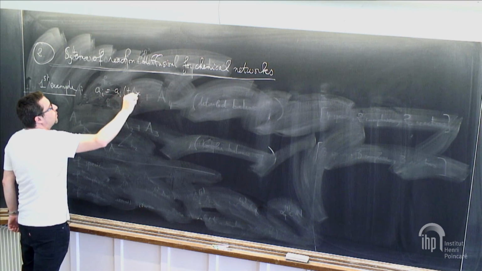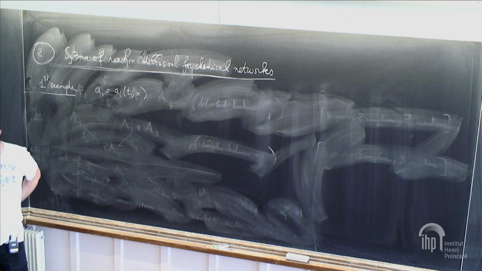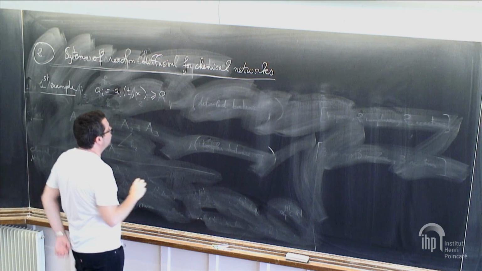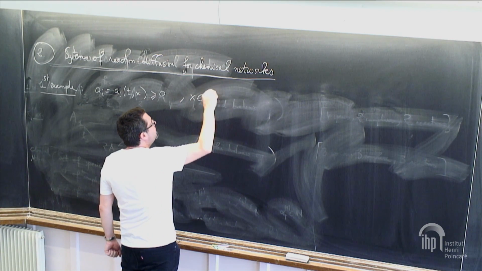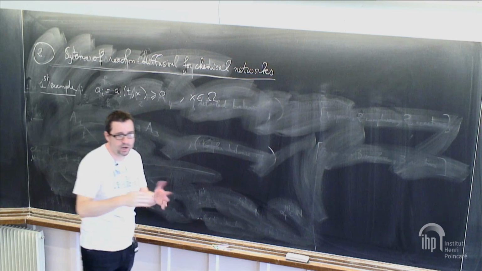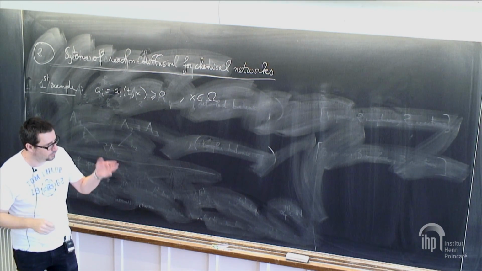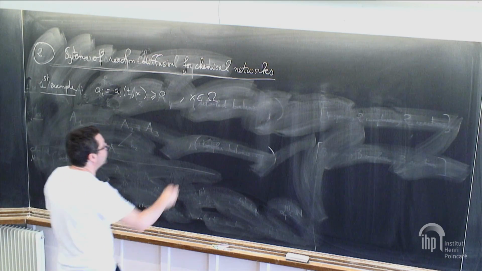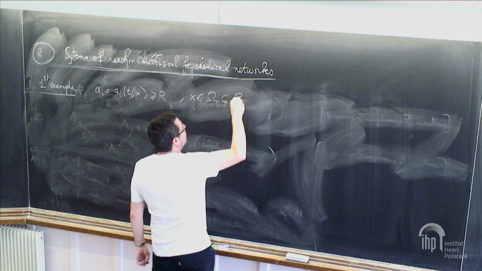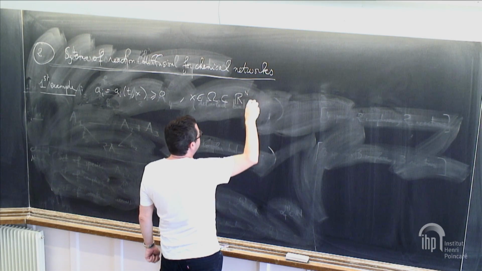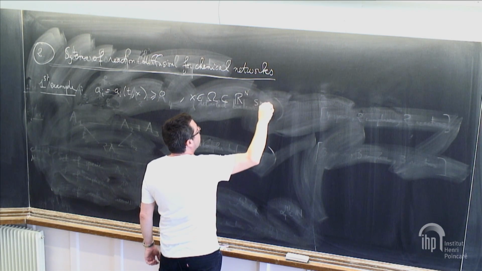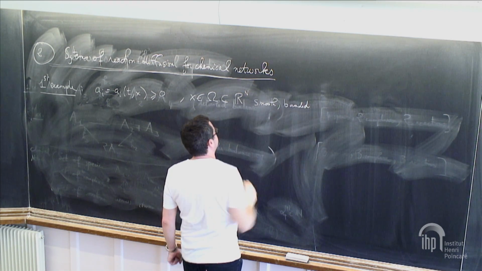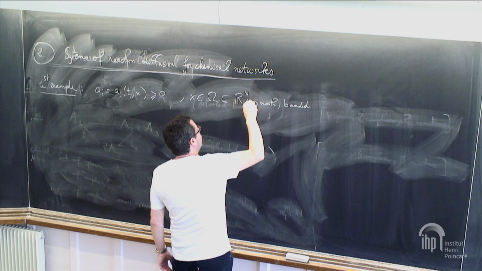Now Ai will be a function of both t and x. It will be a non-negative function, and x will live in Omega, which is, let's say, the reactor in which the chemical process is considered. And this will always be a subset of R^n, which will be supposed smooth, bounded, and open, if you wish.